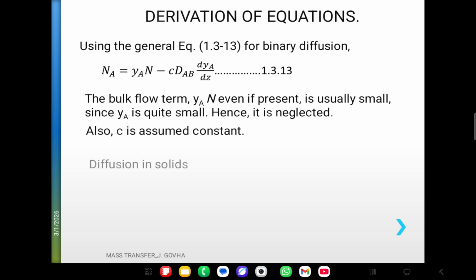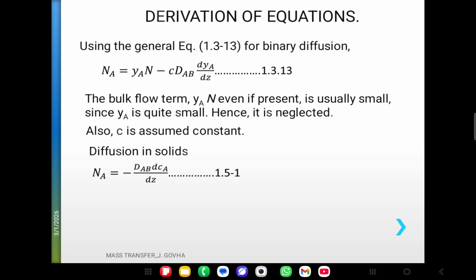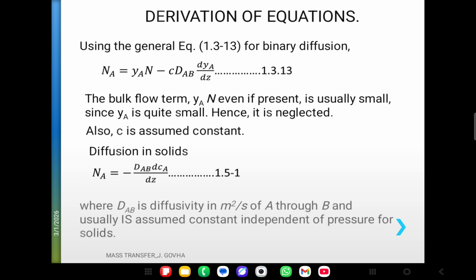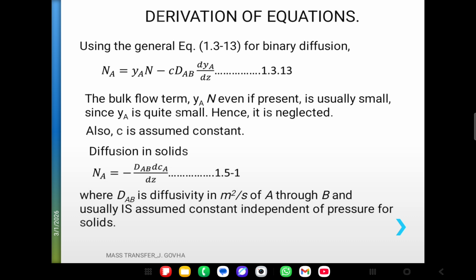So C is a constant. Diffusion in solids is then given basically by that equation, which would need to be integrated to find the final equation. DAB is the diffusivity in meters squared per second of A through B, and is usually independent of pressure for solids.